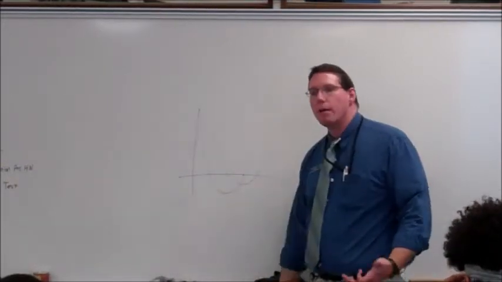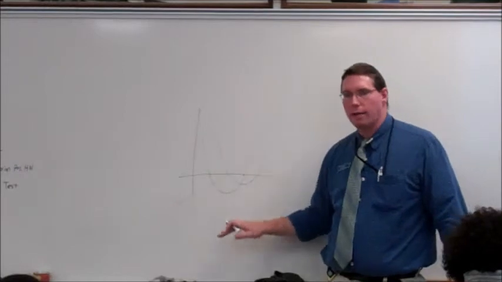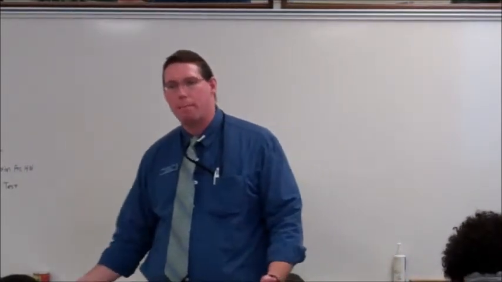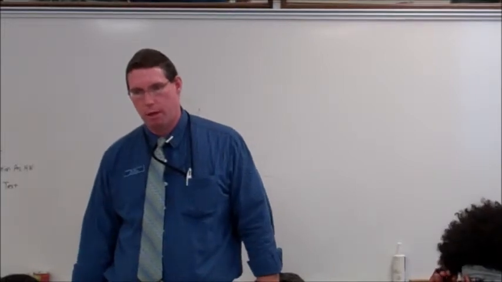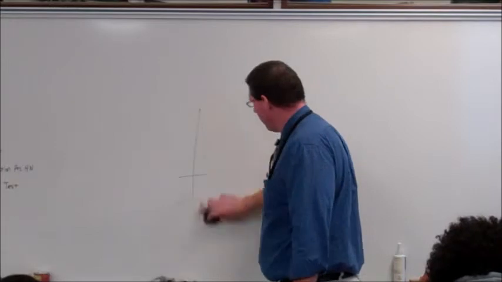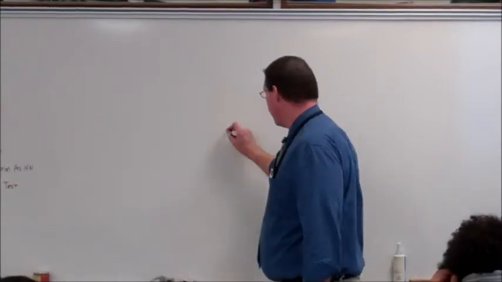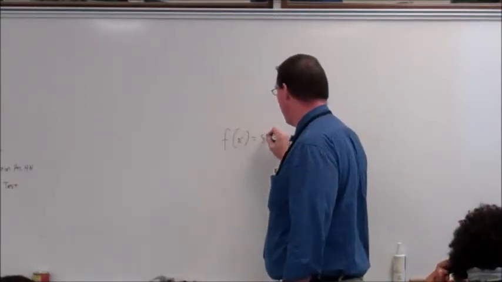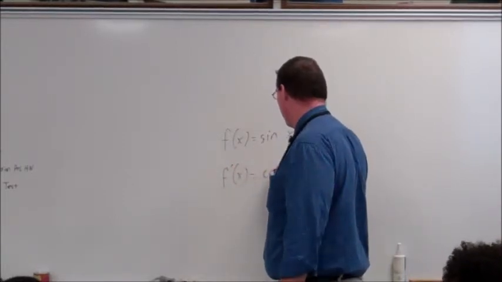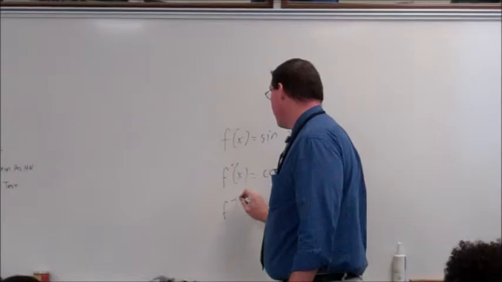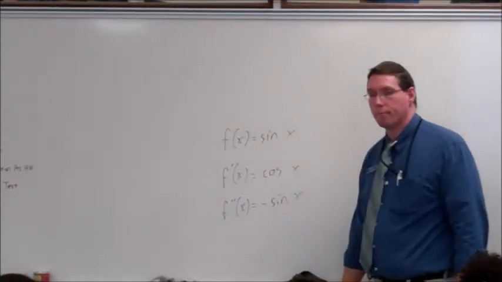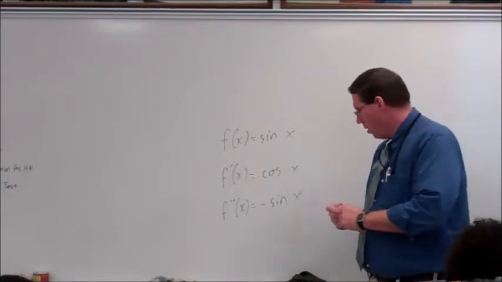Using cubic, quadratic, linear is just a simple way of showing people the relationship among the three. Okay? But what is the derivative of sine? Cosine. F of x equals sine of x. F prime of x equals cosine of x. And f double prime is negative sine. Right? And that is not linear. Okay?